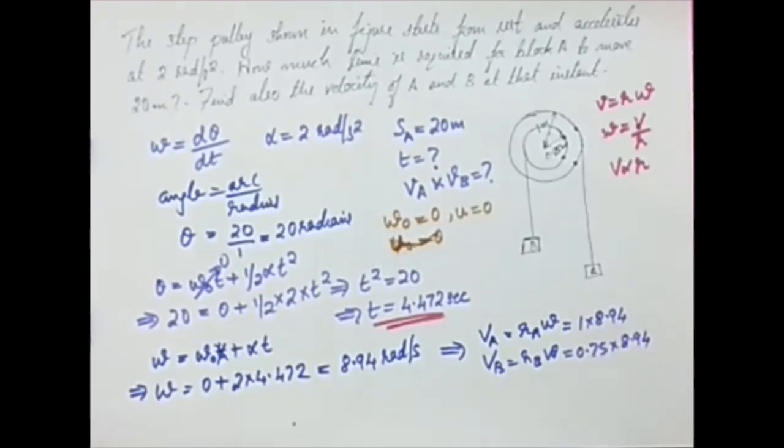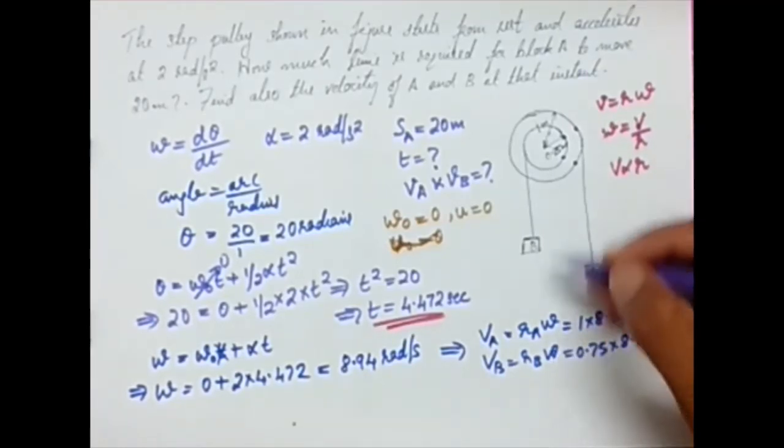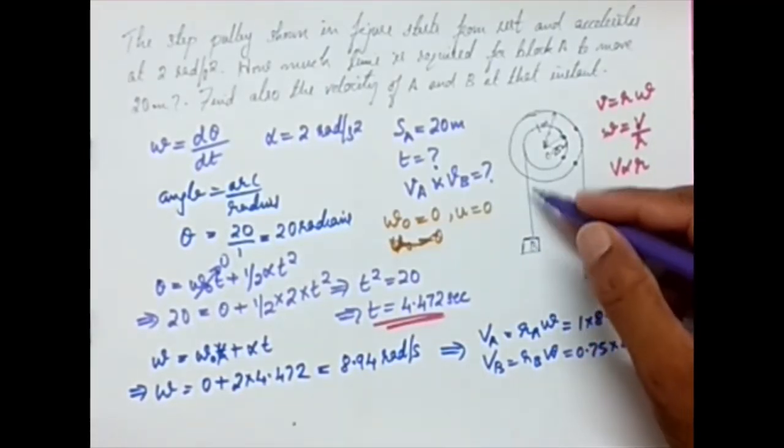So we have the magnitude, but what about the direction? If the velocity of A is downward, velocity of B will be upward.